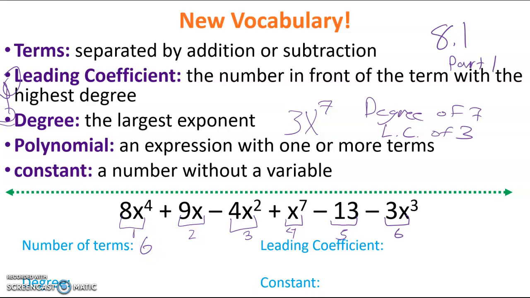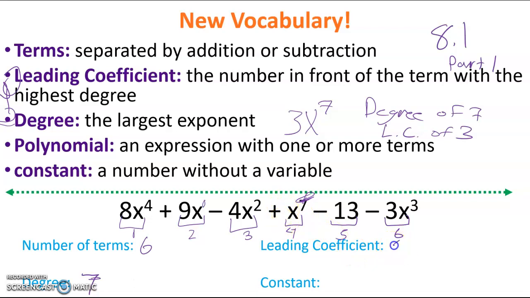Now I look for my degree. Again, I'm looking for the highest exponent here. Let's see, 4, no exponent is 1, 2, 7, 3. The highest number out of all those exponents is the number 7. My leading coefficient, I'm going to put a star next to where my highest exponent is, the x to the 7, and I look at the number out in front.